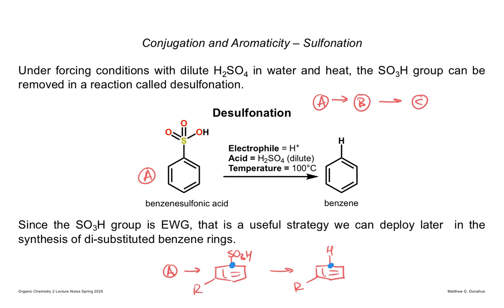For a di-substituted benzene, you can have 1,2, 1,3, or 1,4. But if you go up, what if you have tri-substituted? You can have 1,2,3, 1,2,4, 1,2,5 in these different patterns.